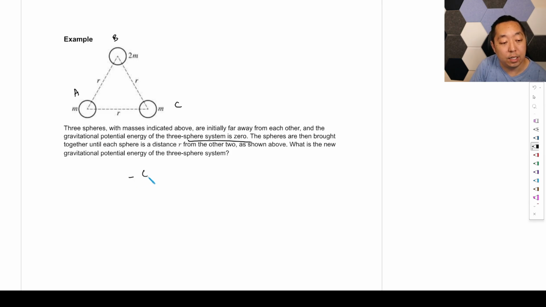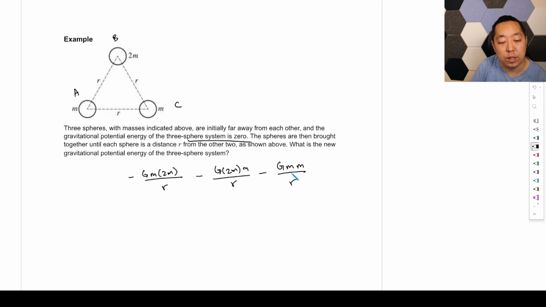We're going to do these two. So we're going to have negative G m times 2m divided by r. That's these two objects, because this one has a mass 2m. Then let's do B and C. That would be minus G 2m times m, and the distance between them is r. And then let's do A and C. That's going to be minus G m times m divided by r, because these two masses are m.